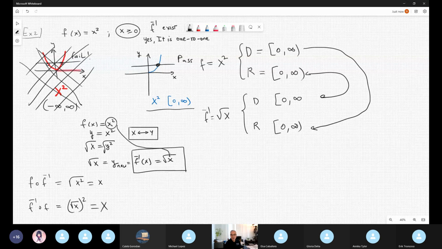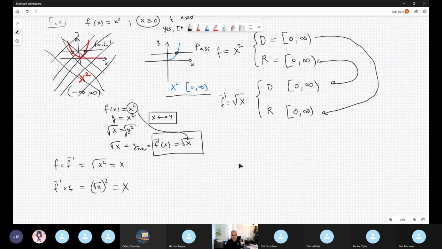And in this example we are doing, there are coincidences, everything is the same, but not necessary. There are other examples that are not. And the graph, let's do it in this one. Bueno, it's the same idea. You plot 3 points, and don't forget the symmetry with respect to the line y equals x, and that's it.